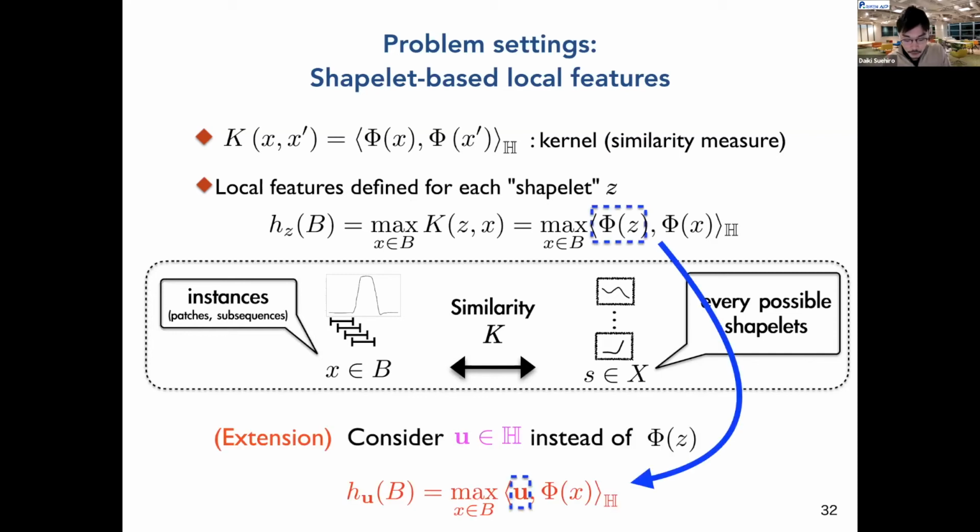And for some technical reason, we extend these local features like this. For any U in Hilbert space, we redefine HU as max of U dot phi X. It means that we consider every possible shapelets in Hilbert space rather than input space.